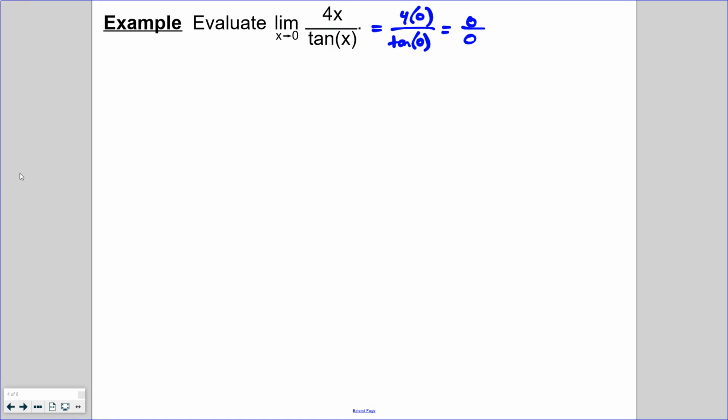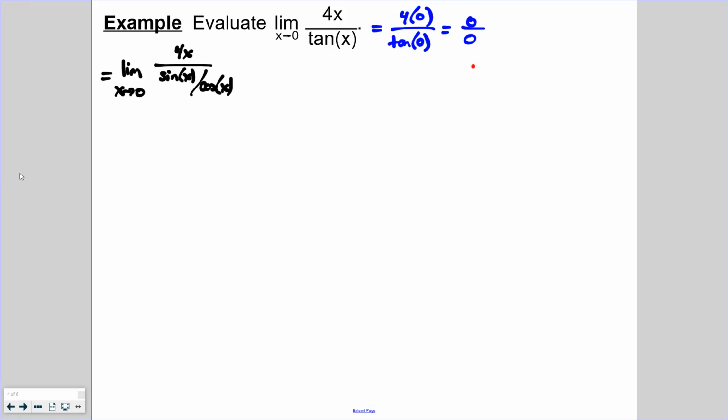cosine. So this is going to become the limit as x approaches 0 of 4x over sine of x over cosine of x. Now it's just like, is that really helpful?